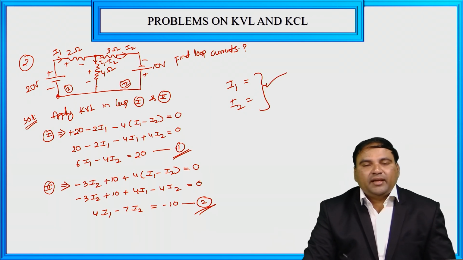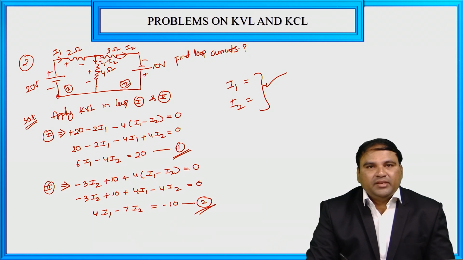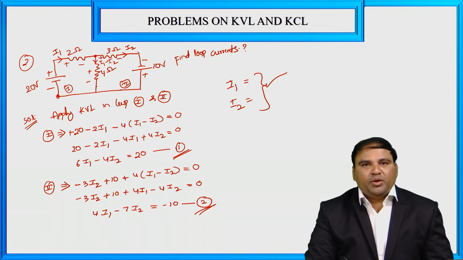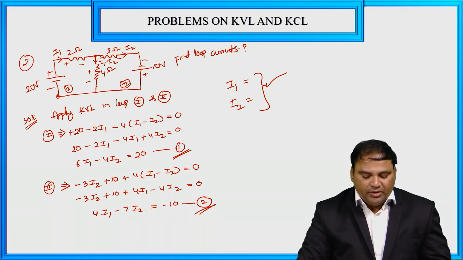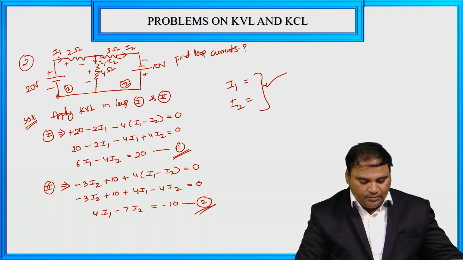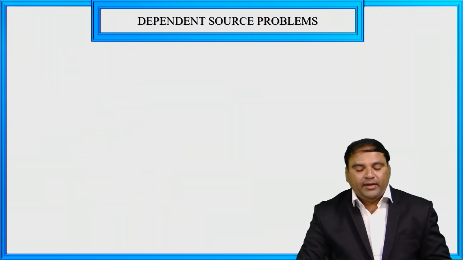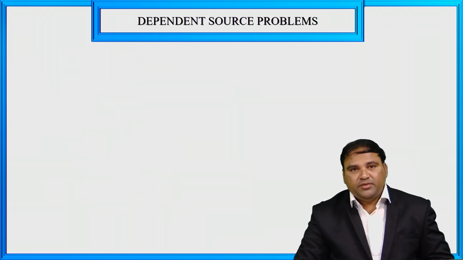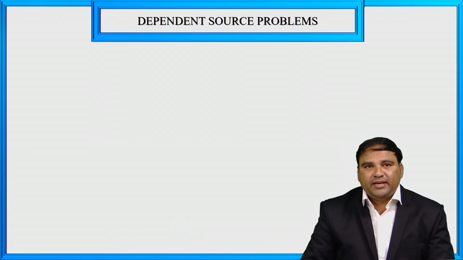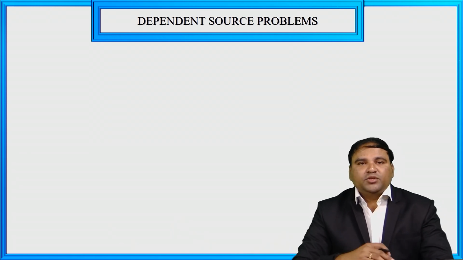Here is the calculation part of Kirchhoff's voltage law and Kirchhoff's current law. Okay, those are Kirchhoff's laws. So, 2 problems. Now we will go for the dependent sources. Dependent source problems are also very easy, but we have to concentrate more on the dependent sources here.